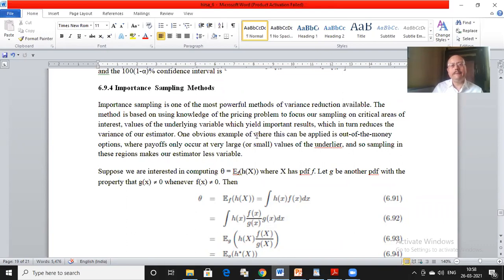One obvious example of this is out of the money options, where payoffs only occur at very large or small values of the underlier. Sampling in these regions makes our estimator less variable.